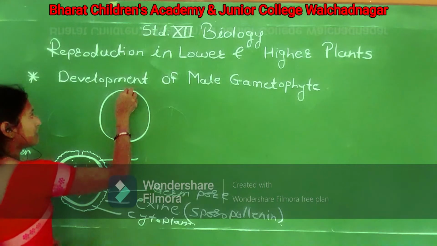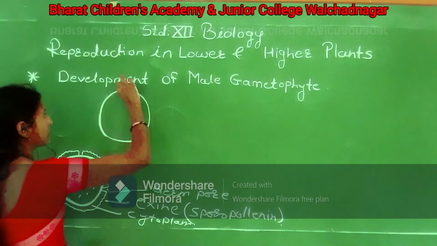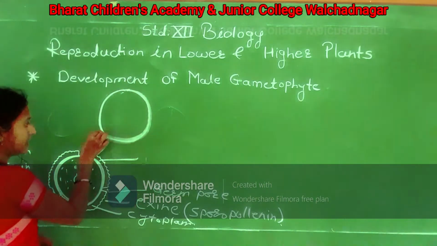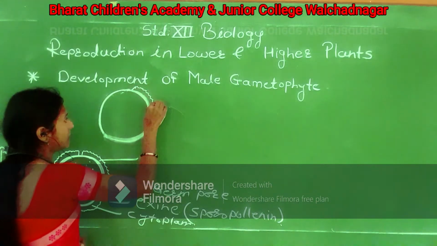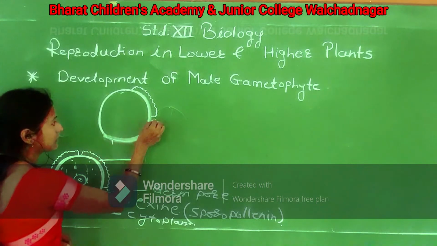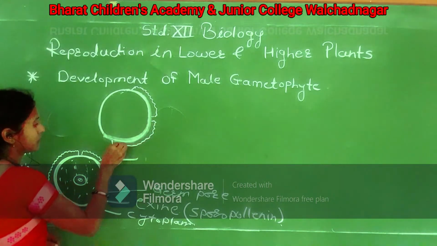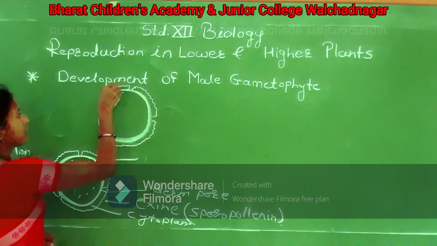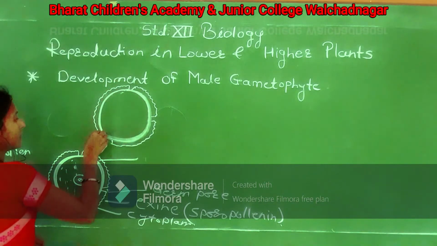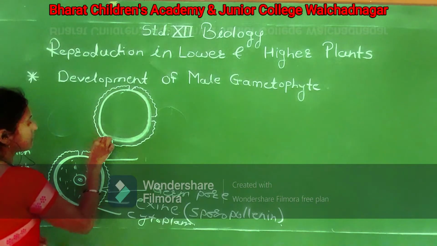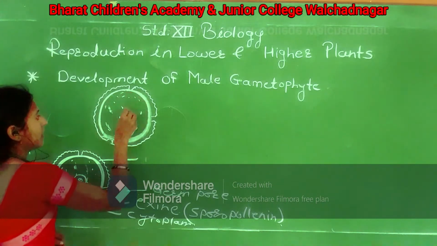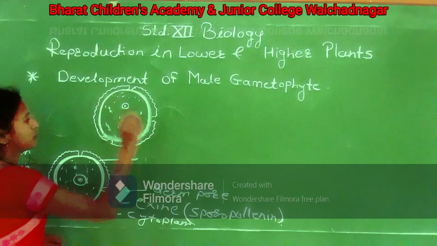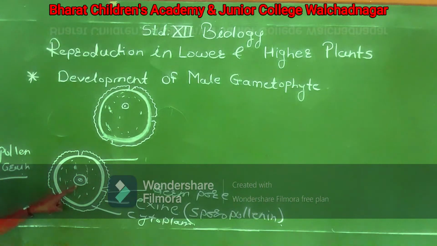So see, this is again the intine, then the exine part, and inside this the cytoplasm and then this haploid nucleus. But this haploid nucleus follows mitotic division.